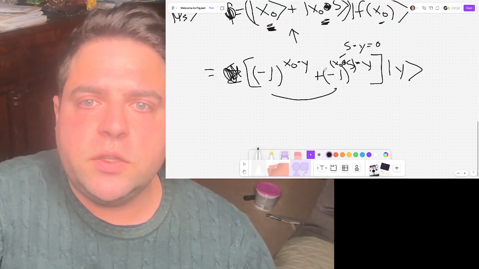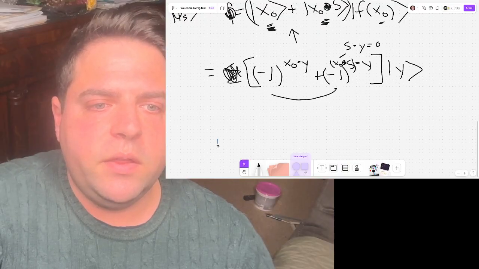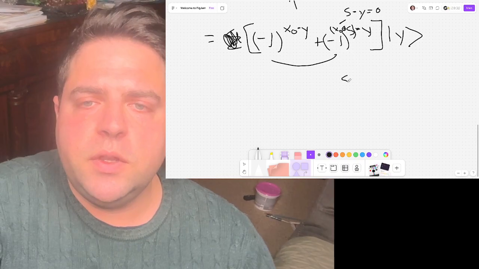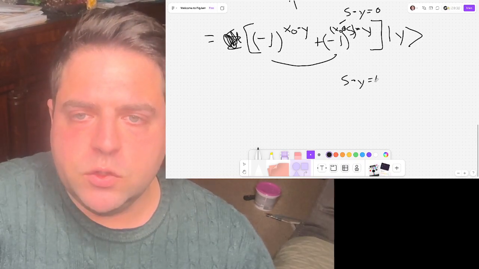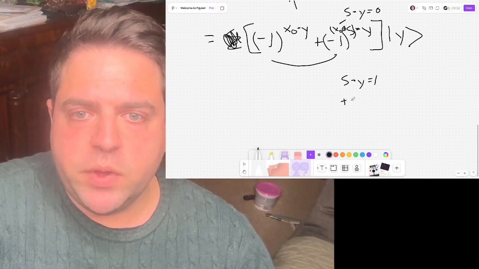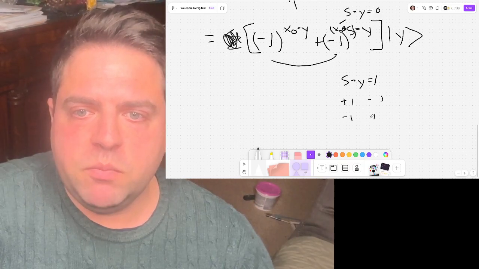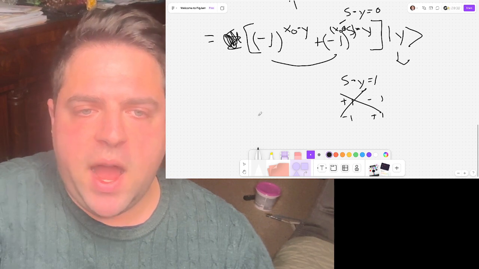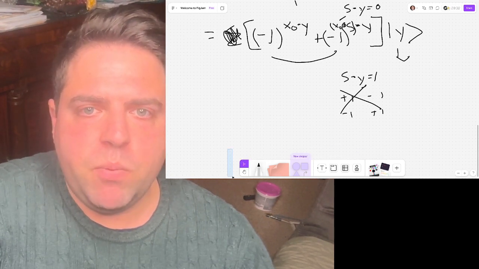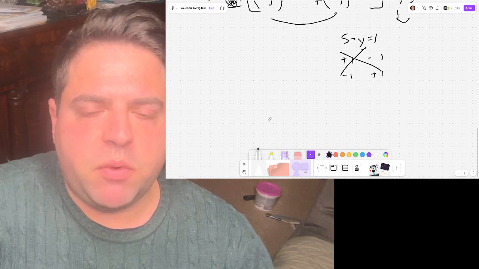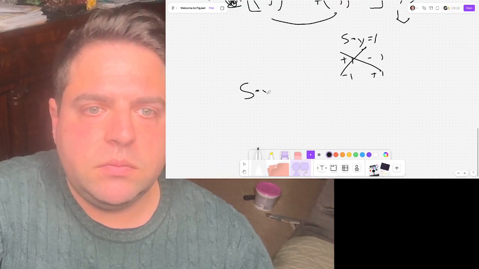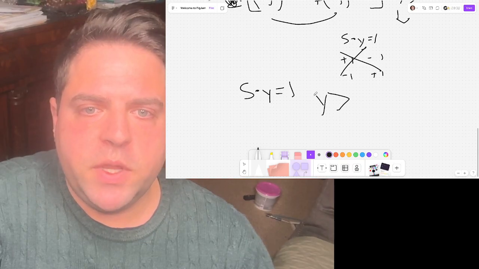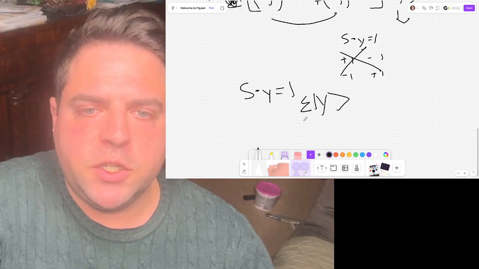The other possibility is that s dot y equals 1, in which case we'll get +1 -1 or -1 +1, and the phases will cancel out. So the only y's that will survive in our final quantum superposition will be y's that satisfy this property. Those will be the surviving y's in our quantum superposition.